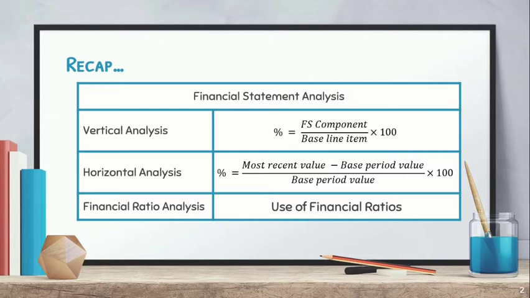On the other hand, horizontal analysis is the process of comparing figures of financial statements for two or more periods. So, I gave the equations for vertical and horizontal analysis. Then, for this week, like I said, we move on to financial ratio analysis.